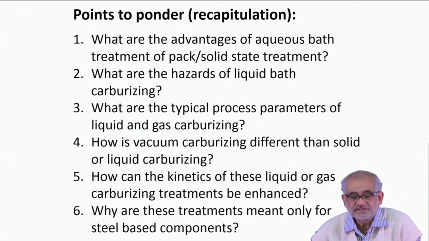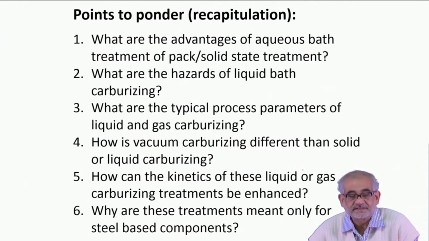But the biggest disadvantage, or the biggest hazard that we have to worry about, is that adequate measures are to be undertaken so that the cyanide gas or fume doesn't reach the atmosphere and is properly treated and taken care of. So the operators working in the plant have to be properly protected, and also adequate preventive measures are to be undertaken.